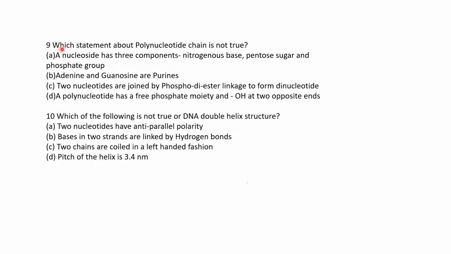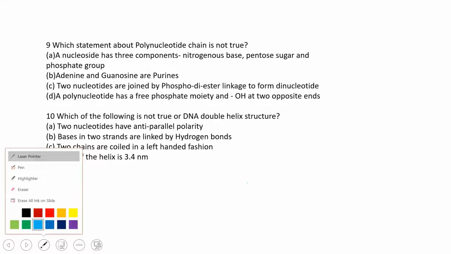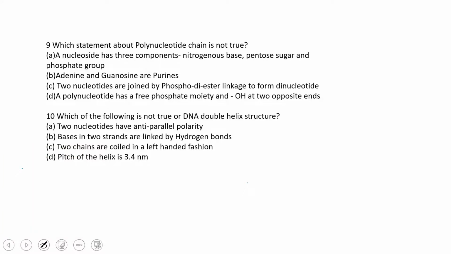The question says which statement about polynucleotide chain is not true. A nucleoside has three components: nitrogenous base, pentose sugar, and phosphate group. We know that a nucleoside is formed by the condensation of nitrogenous base and the pentose sugar. So this option appears incorrect, but let's see.